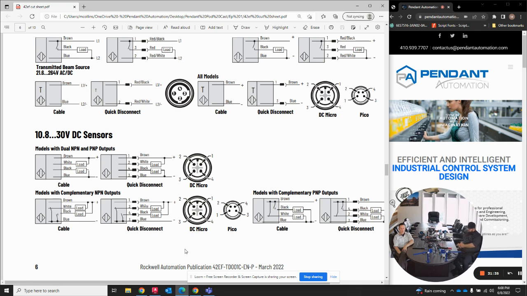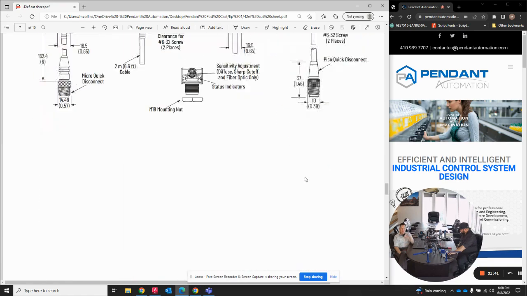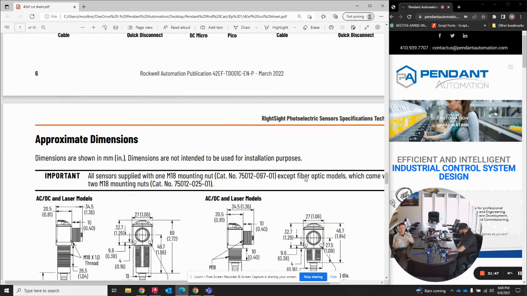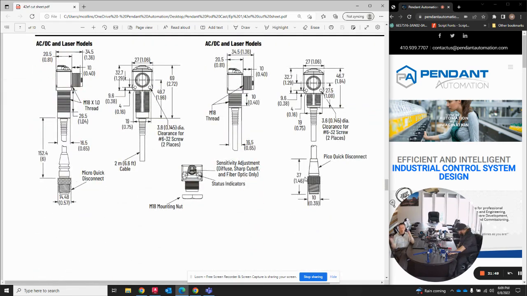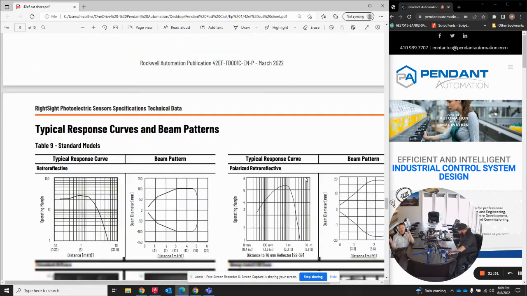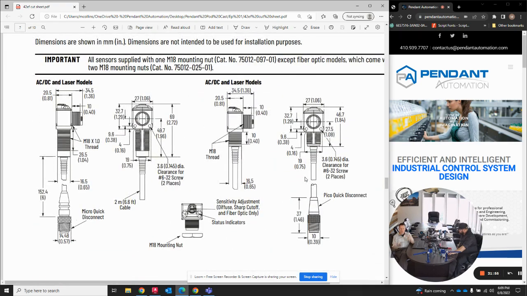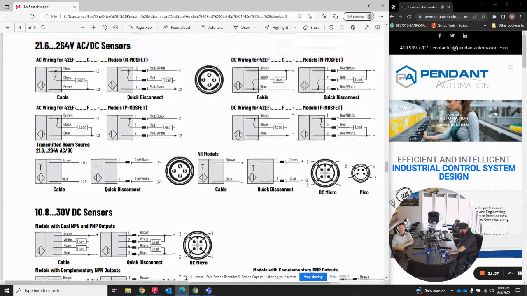So continuing on, I want to talk about the flying lead cable. Really, flying leads is just open wires. So you get maybe a 6-foot piece of wire, and then on the end of it, it just has the open wires. You would take that right to a junction box and terminate it with your other cables. So it does not have the quick disconnect capability.